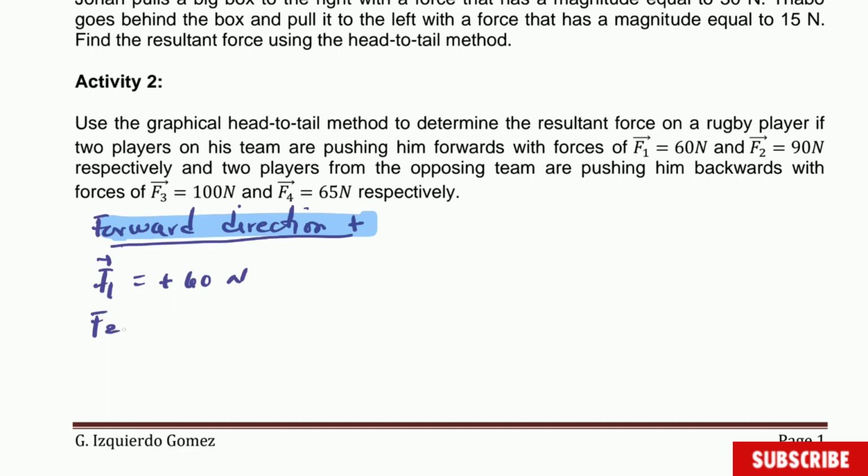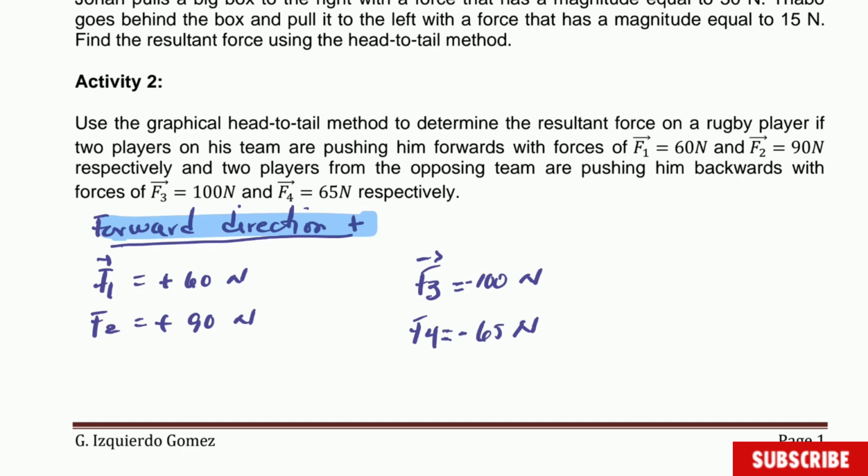F2 is equal to positive 90 Newton. F3, let's write it down because we need the scale just now, is equal to 100 Newton, and F4 is equal to 165 Newton backward, therefore they are negative.